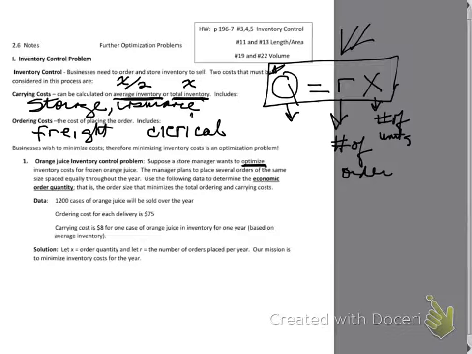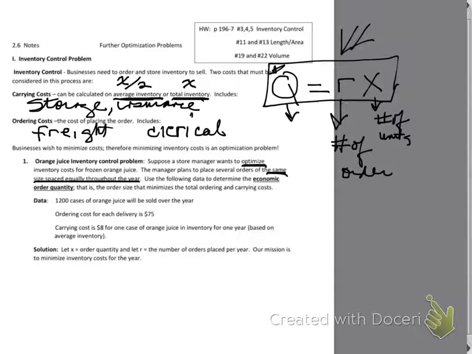Okay, the manager plans to place several orders of the same size spaced equally throughout the year. You will always see this wording, same size, spaced equally throughout the year. That means that you don't have what they call a dynamic programming type problem where the order sizes are changing and the spacing is changing. This is going to be a constant scenario.